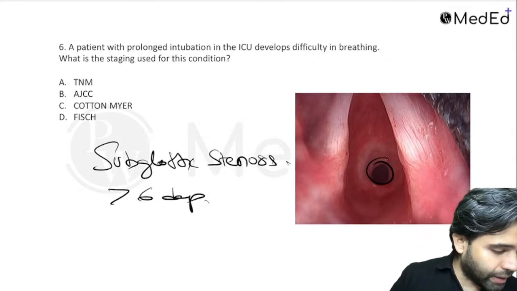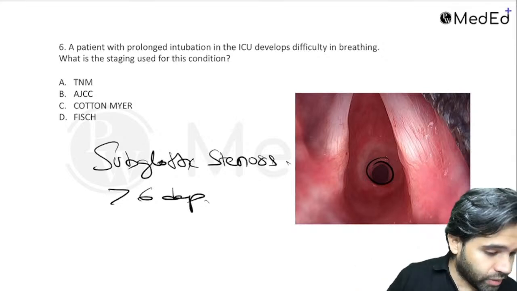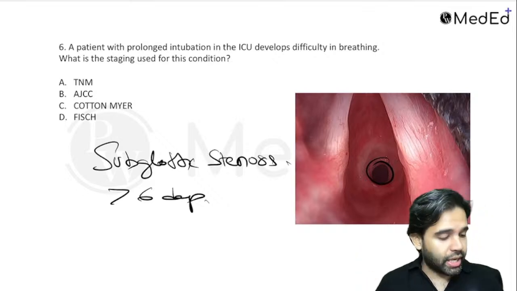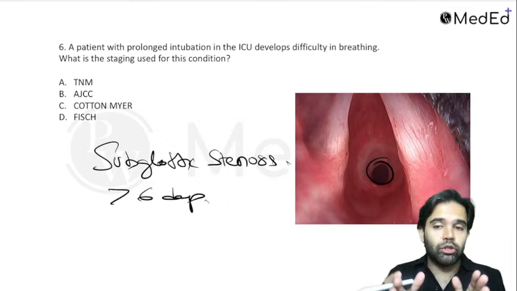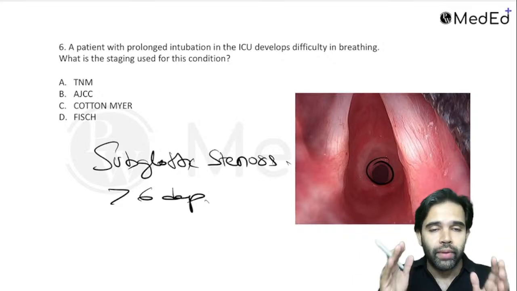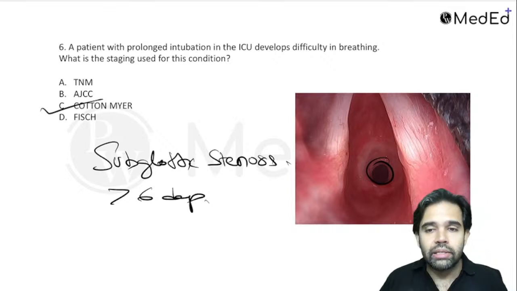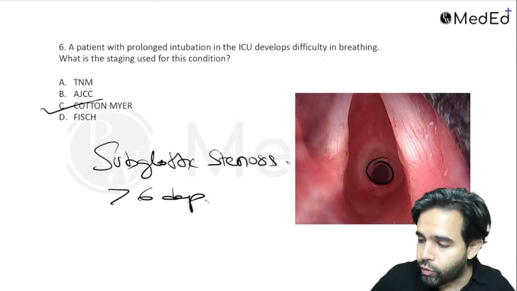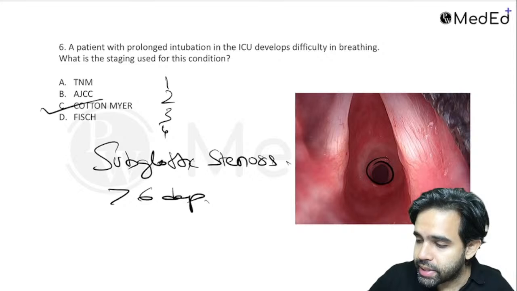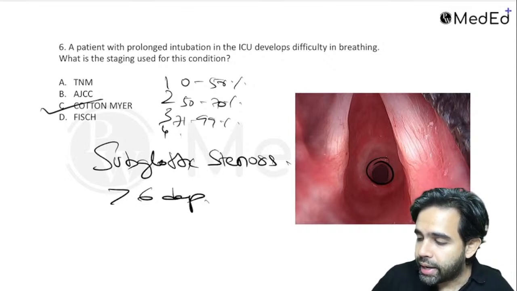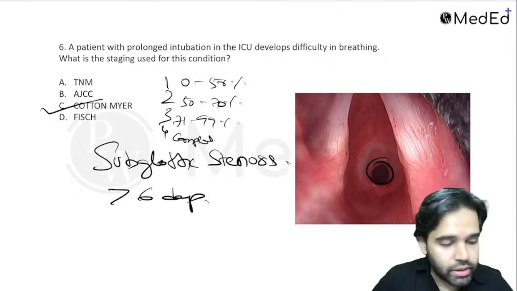Of course, Aman, I have no idea what the exact image was. I didn't give the exam and nobody shared, but we are getting representative images and we are sharing them. Whether it was a clinical image or an X-ray showing narrowing, what they're trying to say is that it is subglottic stenosis, and the Cotton-Myer classification, where there are 4 grades: 0 to 50% is first grade, 50 to 70% is second grade, 71 to 99% is third, and complete blockage is fourth.